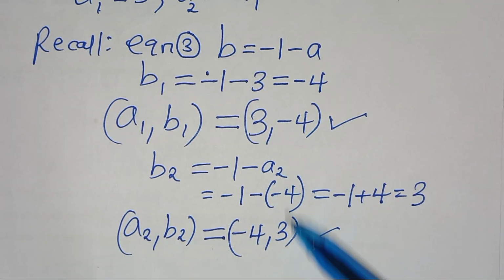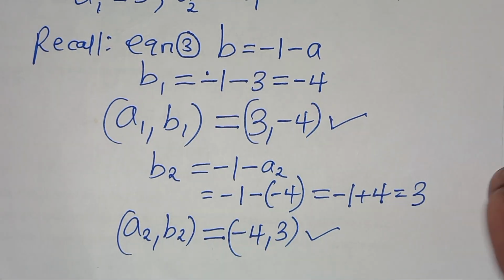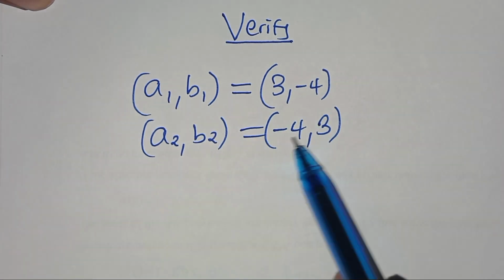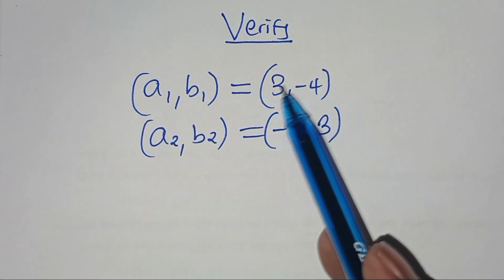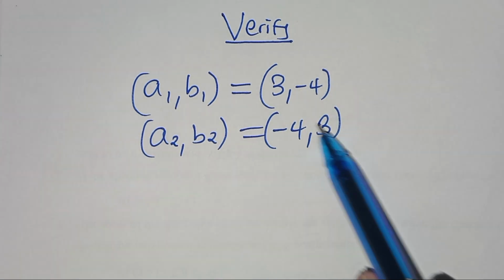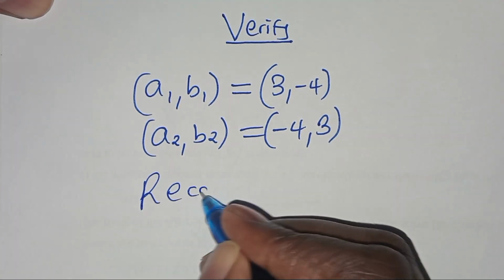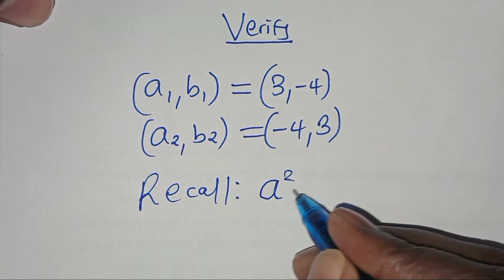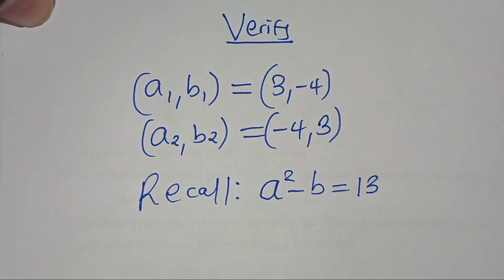Now, let's verify that these two sets of solutions satisfy the equation. So a1, b1, this is 3, negative 4. a2, b2, this is minus 4, 3. Now, if you recall here, equation 1 was a squared minus b, which should give us a value of 13.